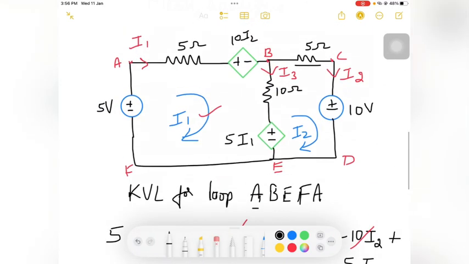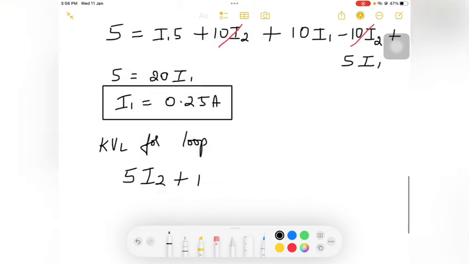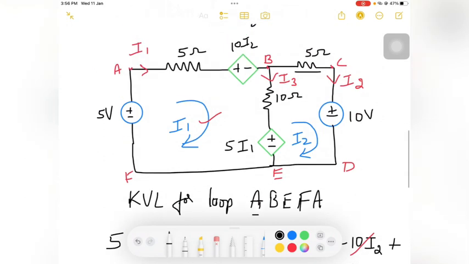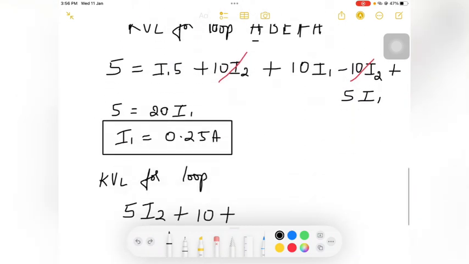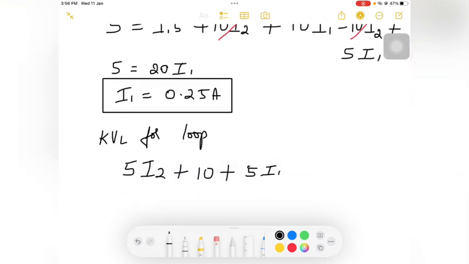plus I have a voltage source. The voltage source is plus 10. Why plus? Because the direction is hitting the plus terminal over here. If it is minus above, then I would have taken minus. Next, after this I have a dependent source, so it is 5 into I1.